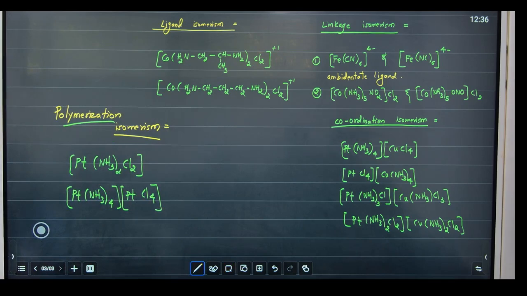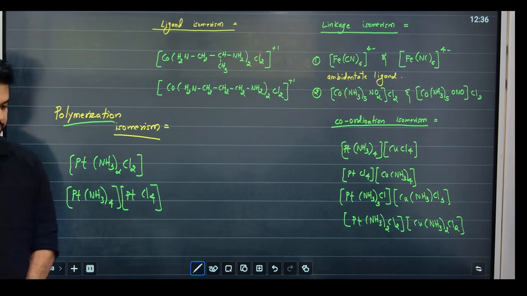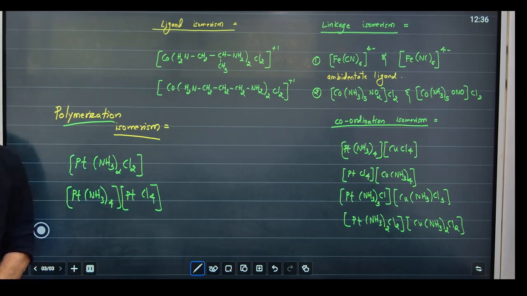And the last one in structural isomerism. The last example that we have in structural isomerism is, please write down, polymerization isomerism.